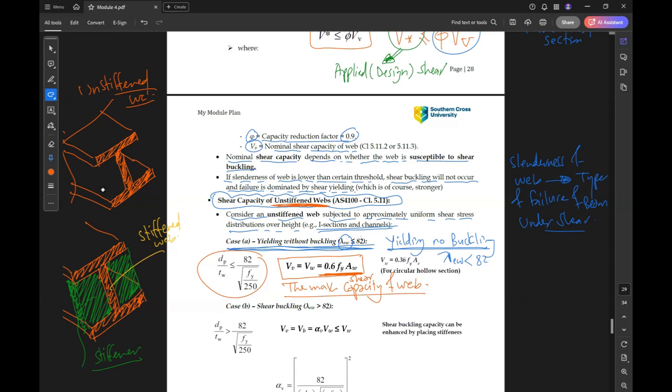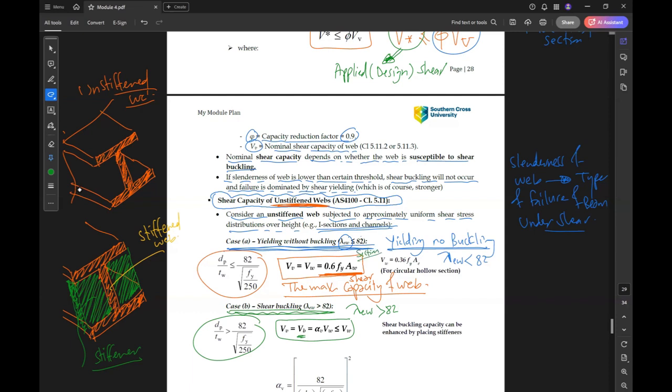Okay, the second case: shear buckling will occur if lambda_ew is more than 82. This case happens when d_p over t_w is more than the value 82 over the root of f_y over 250. In this case, Vv equal to Vb equal to alpha_v times Vw, less than or equal to Vw. This is similar to what happened before.